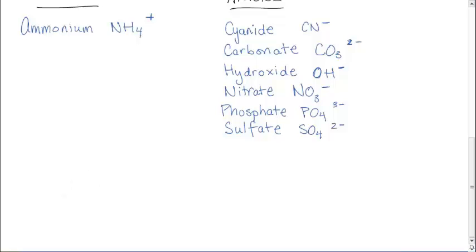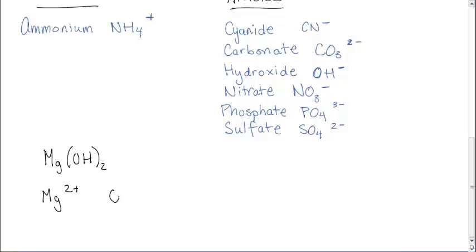So here's an example of one that's slightly more complicated. I could show you the compound Mg(OH)2, and you would again know that magnesium forms a 2+ cation, and you'd know that by looking at the periodic table.